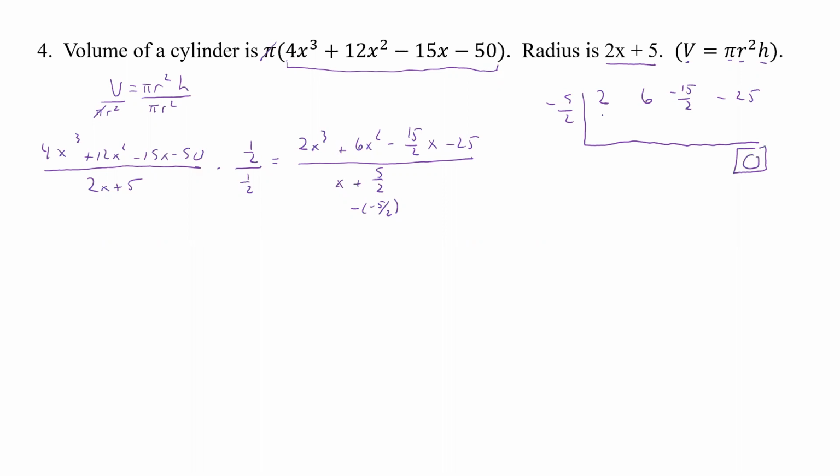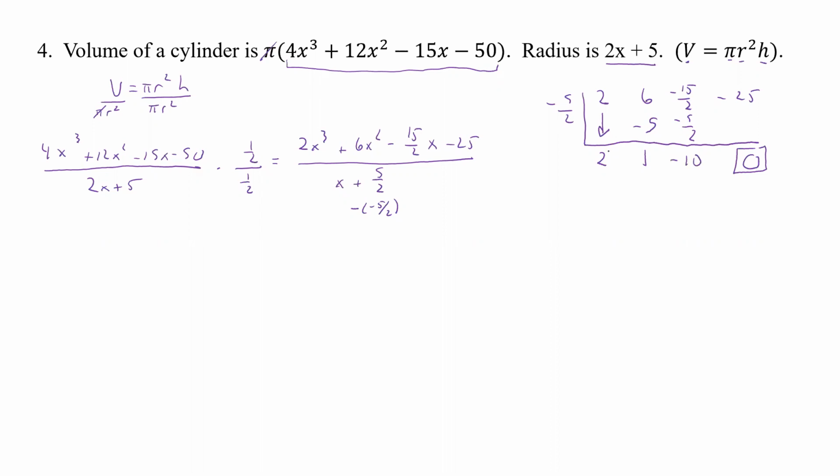Okay. So bring down our 2, minus 5 halves times the 2. The 2's cancel, and we have a minus 5. 6 minus 5 is 1. Minus 5 halves times 1 is going to be a minus 5 halves. Now we've got the same denominator, so we have 15 plus 5 is going to be 20. It's a negative. Negative 20 divided by 2 is going to be a negative 10.